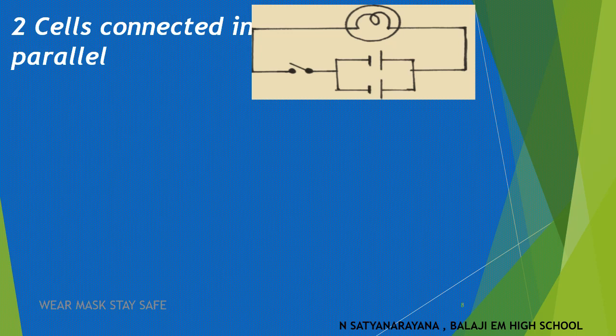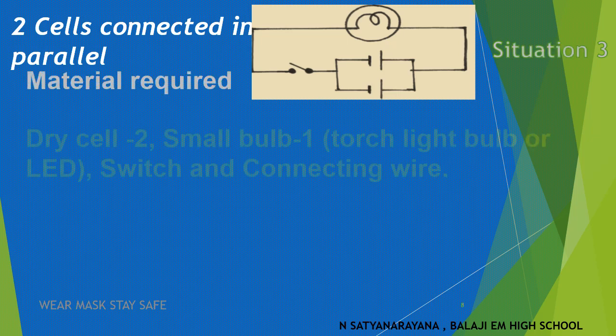So both positive ends are connected to each other, and the two negative ends are connected to each other. Understand, Anna? So here, in situation 3, what are the materials required?